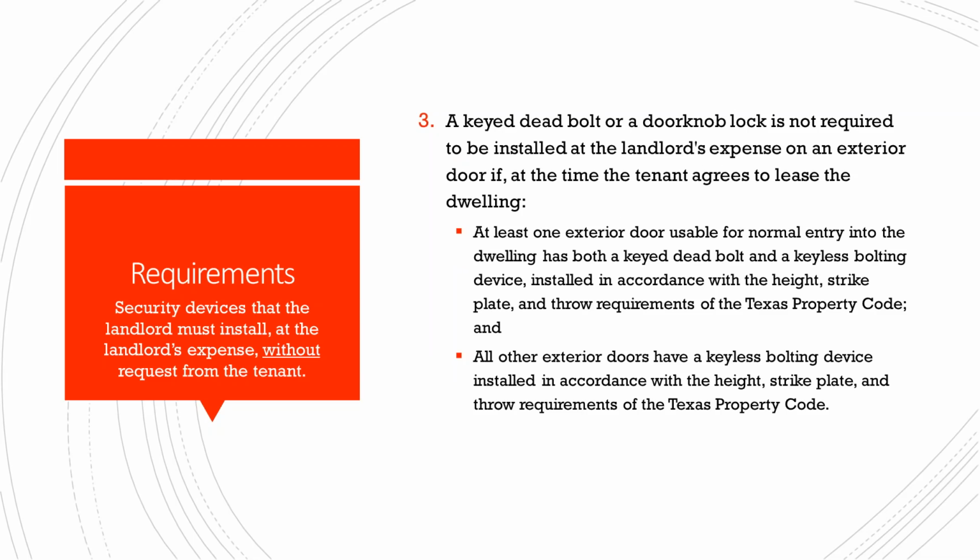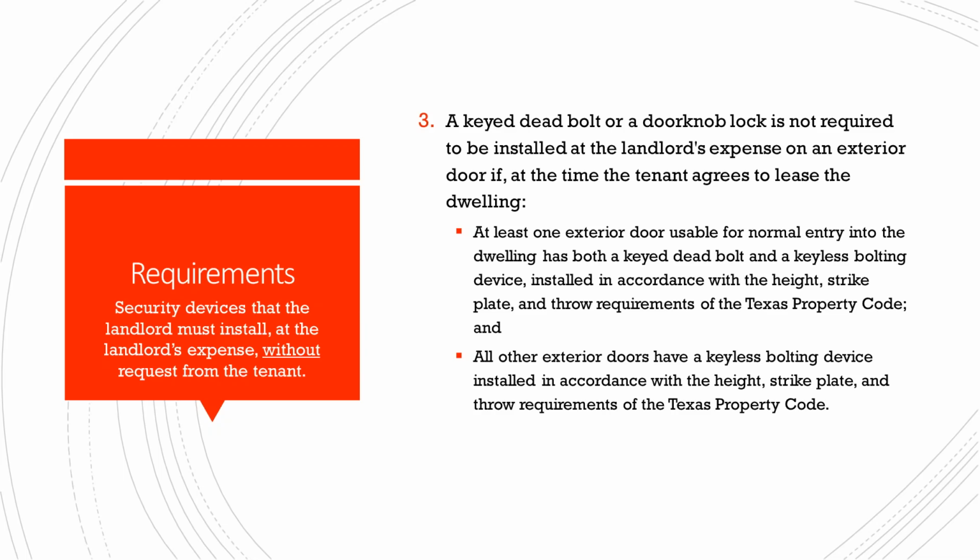Now, this third exception may apply to more of the properties that you manage or that you own. It concerns a keyed deadbolt or a doorknob lock. Remember, one of the requirements is that a landlord has to equip the dwelling with either a doorknob lock or keyed deadbolt on each exterior door. So this is an exception to that.